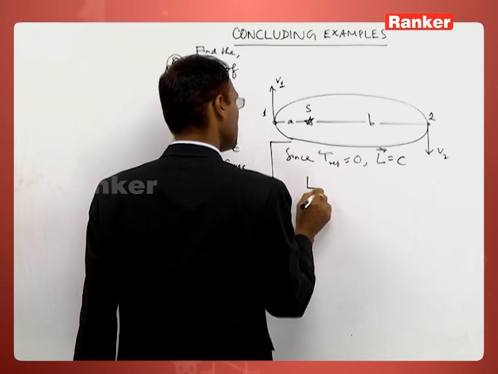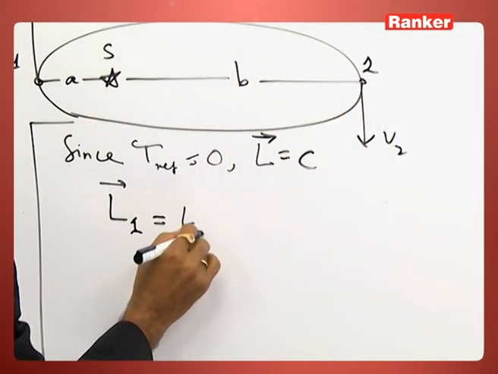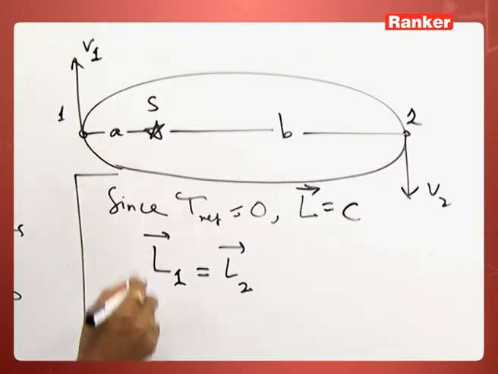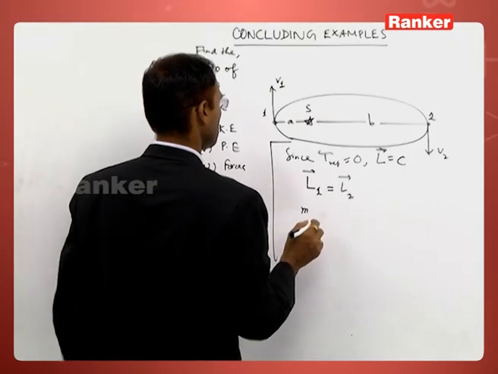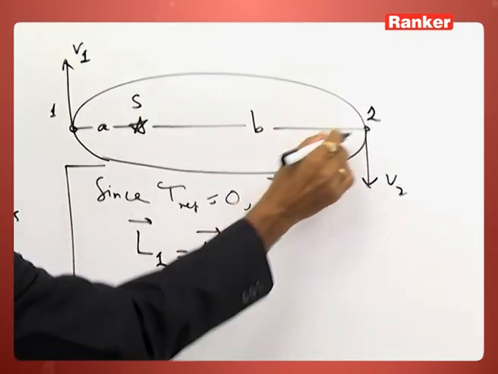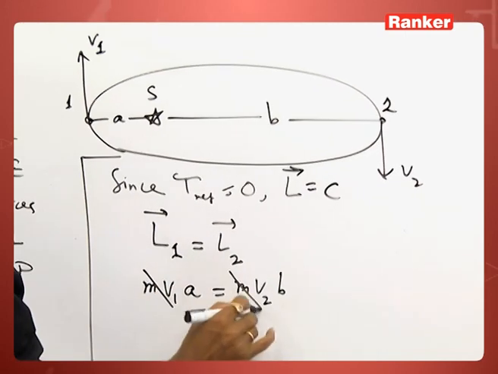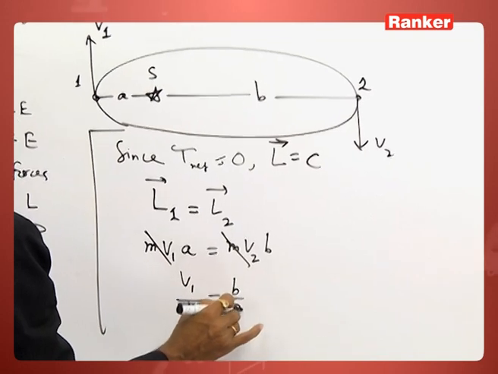So, angular momentum at this point 1 is equal to angular momentum of the planet at this point 2. Here angular momentum is m v1 into a. Here angular momentum is m v2 into b. m is getting cancelled. v1 upon v2 is equal to b upon a. Answer.